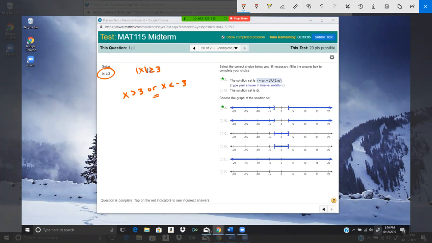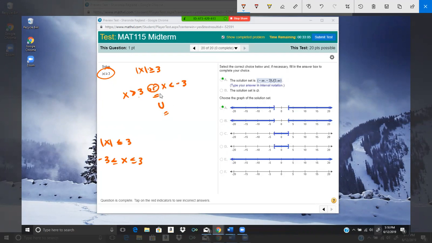This is an or statement when it's greater than. If it had been the absolute value of x is less than 3, then it creates an and, or intersection, so x is between -3 and 3. So we're dealing with x greater than 3 or x less than -3. This is an or, so this is a union.